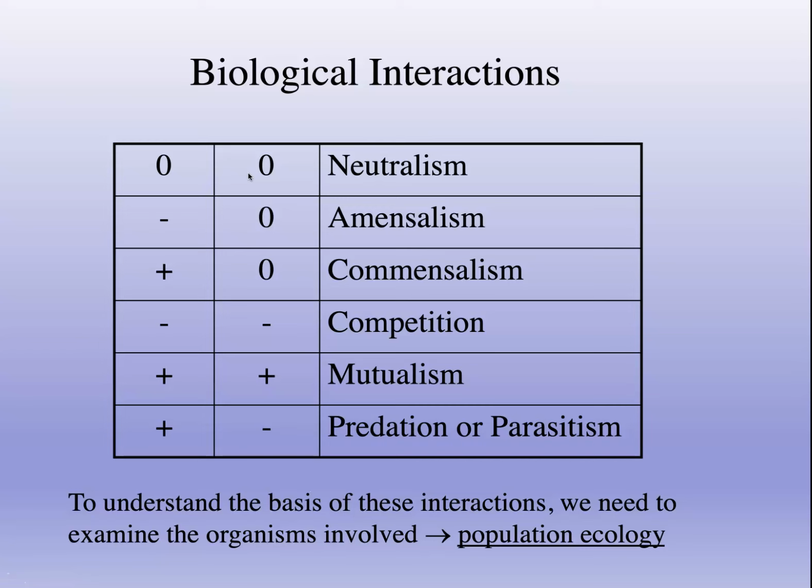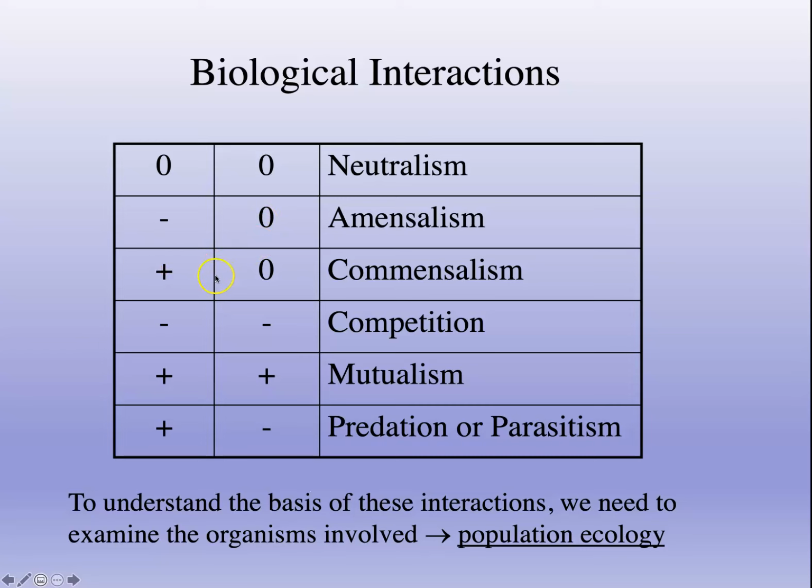Neither species gains by the presence of the other species, and neither loses by the presence of the other species. Amensalism, below it, essentially is a relationship where one species loses because of the presence of the other species, but the other species really doesn't care that the other species is around. It doesn't affect it one way or another.